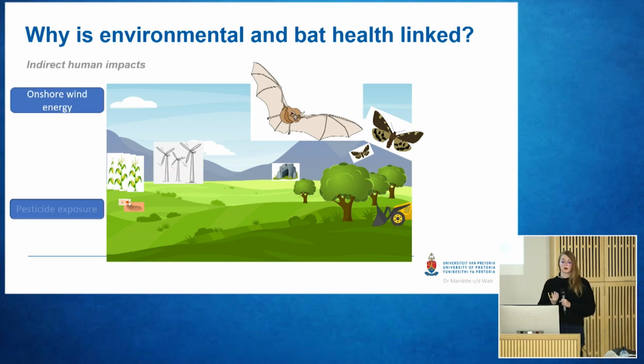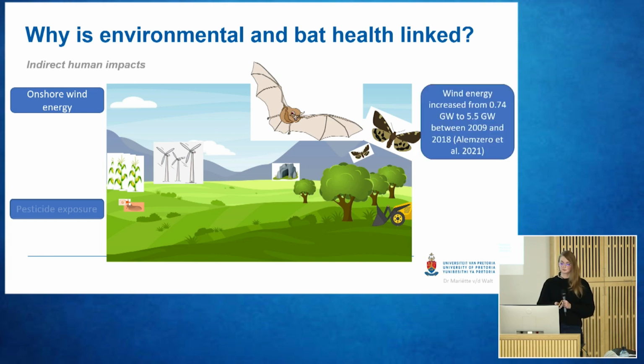Next, we are on a quest for sustainable energy sources. So onshore wind energy is on the rise across the continent. For example, wind energy has increased 7-fold between 2009 and 2018, and that's mostly across Southern Africa because we have a lot of sustainable wind sources.